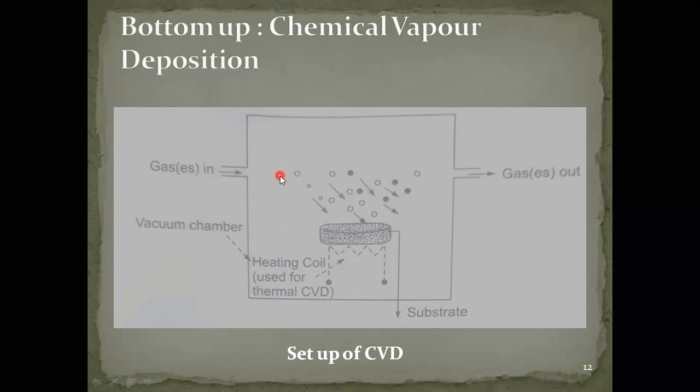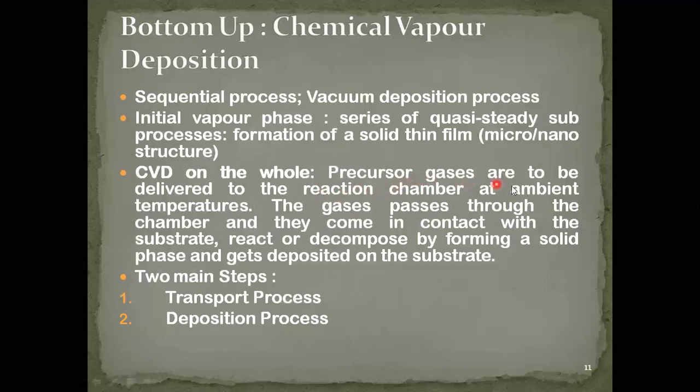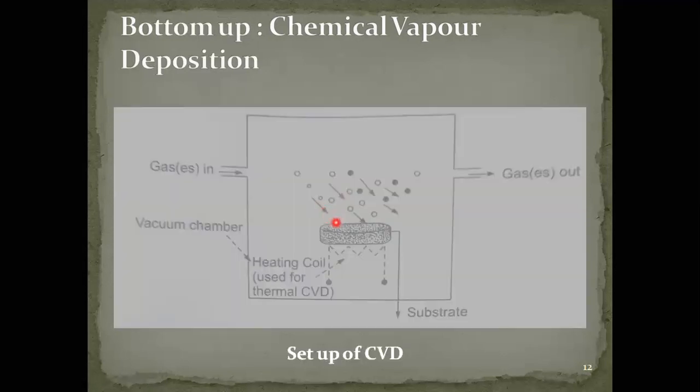They are in the vapor form. The precursor gases are delivered into the reaction chamber at different temperatures. The gases pass through the chamber and come in contact with the substrate, they adhere to the substrate, and finally they get deposited. This is the overall view of chemical vapor deposition.